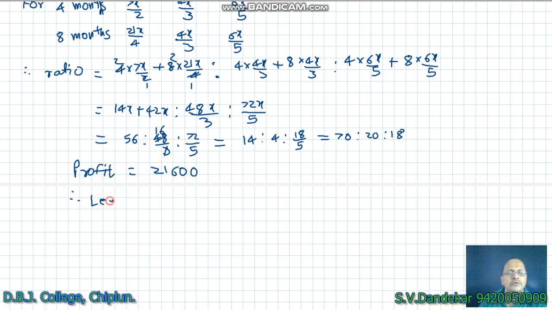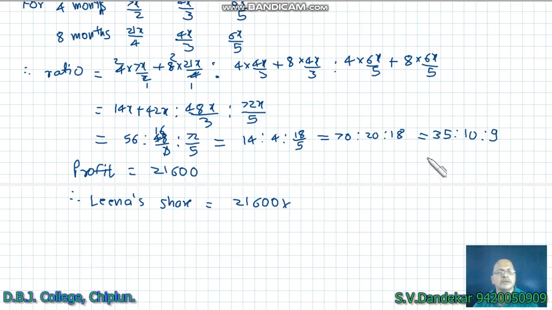And therefore Lina's share is 21,600 into, here I can divide by 2 as well. So this is 35 is to 10 is to 9.